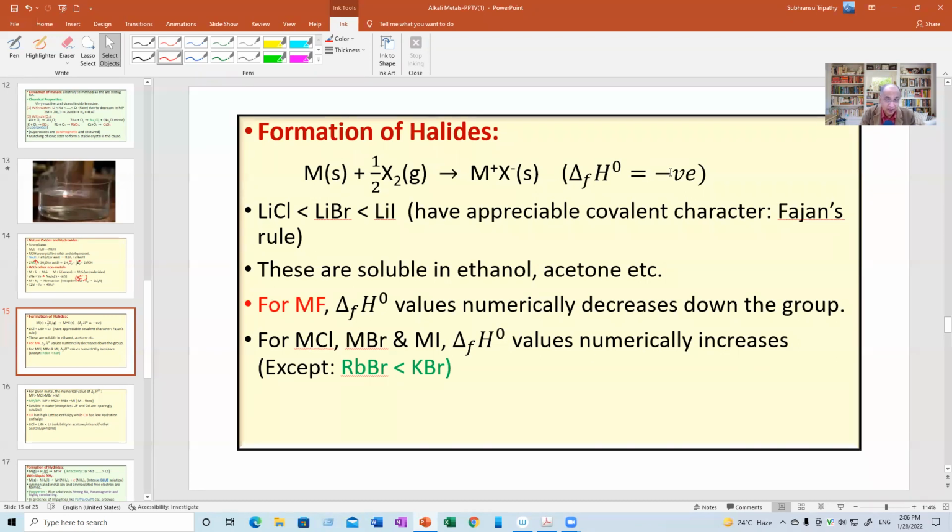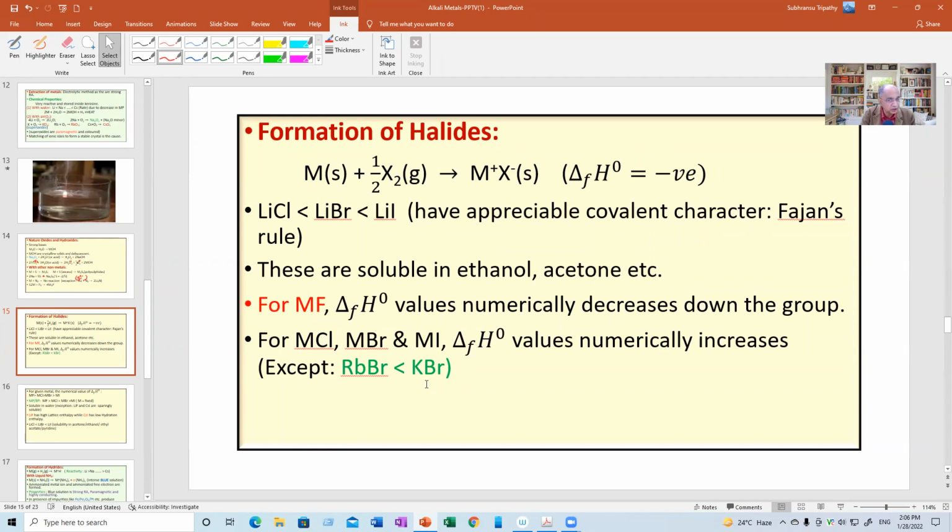The numerical value, all negative. They're all exothermic, but the numerical value increases for chloride, bromide, iodide, with the only exception that for bromide only, not for chloride and iodide, rubidium bromide, which would have a higher heat of formation according to the trend for others, has a lower heat of formation than KBr.